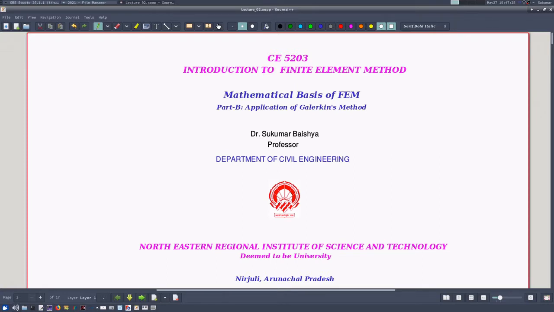So in the last lecture, we have studied the mathematical basis of finite element. We have seen what is the need of understanding the mathematical basis, and we have seen the two approximate methods, namely Galerkin's method and Rayleigh-Ridge method, to solve boundary value or initial value problems.